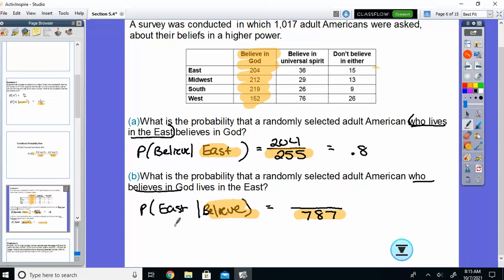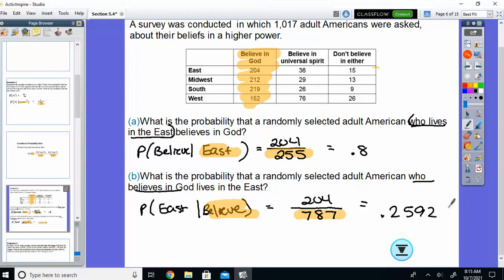And then, only looking from those, how many are in the East? And we get 0.2592.